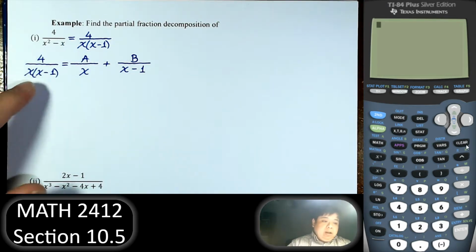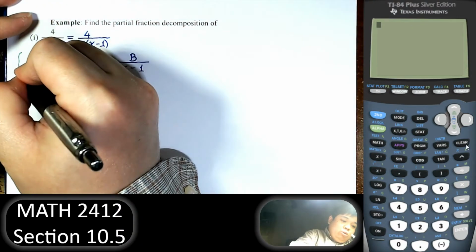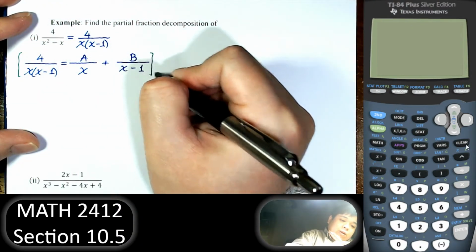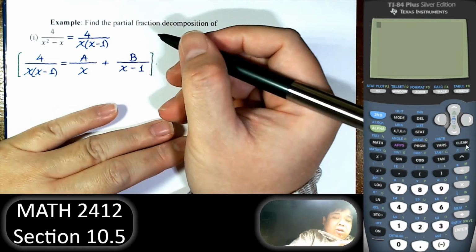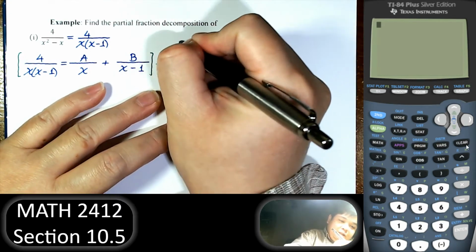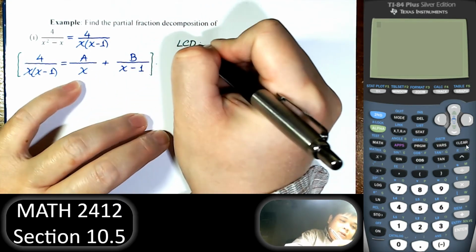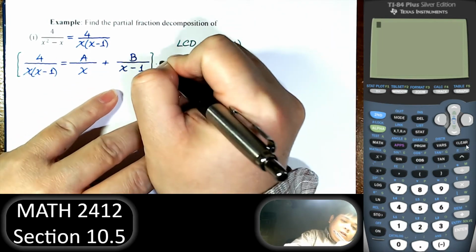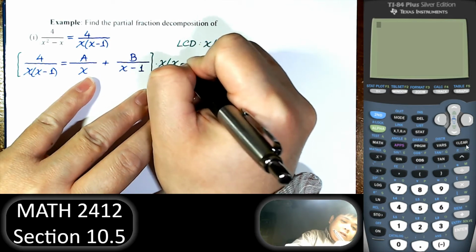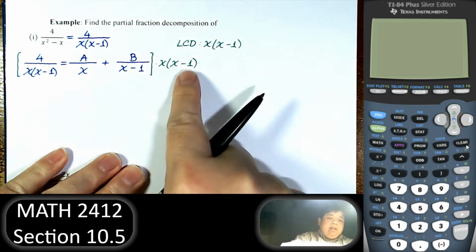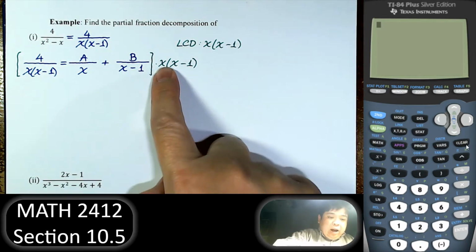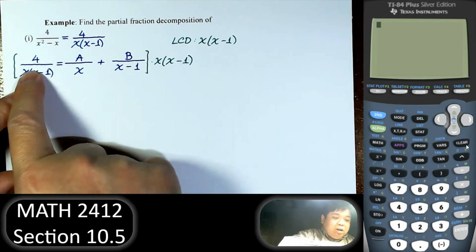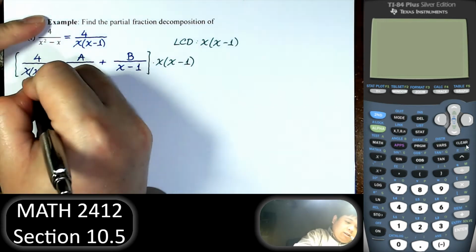That's simple, right? For here, what we do is we multiply by the least common denominator of them, which will be x and x minus 1. Multiply everything by that. Multiply x and x minus 1 to this, x and x minus 1 cancel out, we only have 4 left.